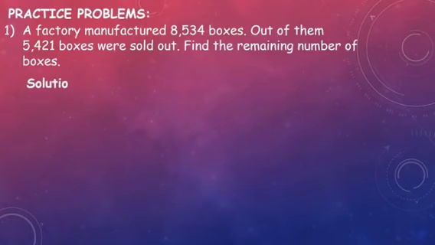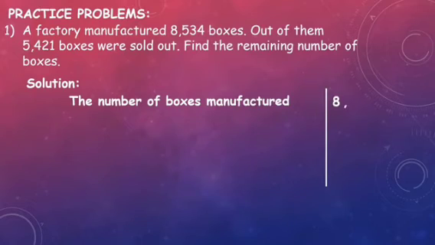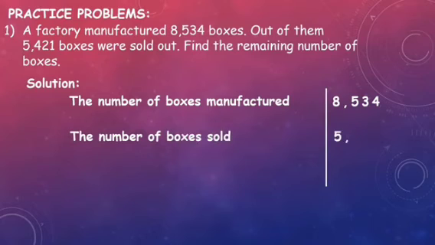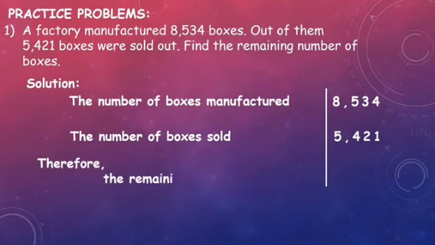So starting with the solution, the number of boxes manufactured is 8,534. The number of boxes sold is 5,421. Now subtracting both of them, we get the remaining number of boxes.